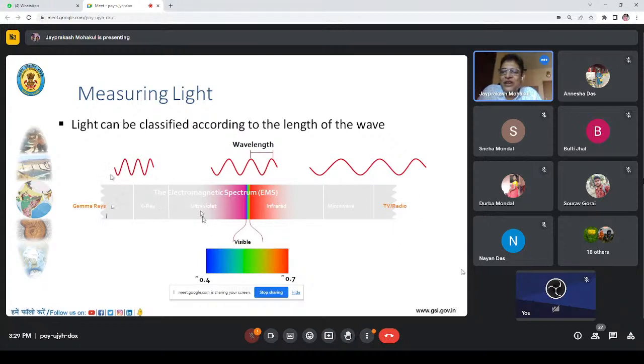And of course, the radio signal, like our normal conventional radio transmission, all happens in this range.